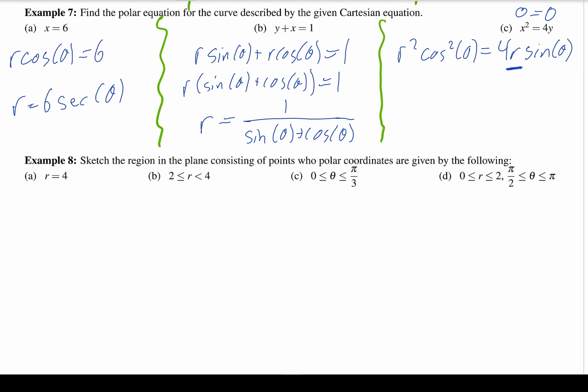And so if I divide by r on both sides, I'm dividing by 0, and that's going to cause issues for us. So what I'm going to do is leave our equation like this because there's no point in simplifying further. Really, if you had written something like this for these two, these would have also been acceptable answers. I just wanted to show ways that maybe you could see these simplified on an exam.